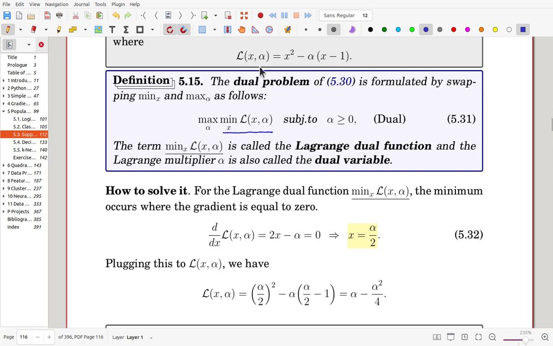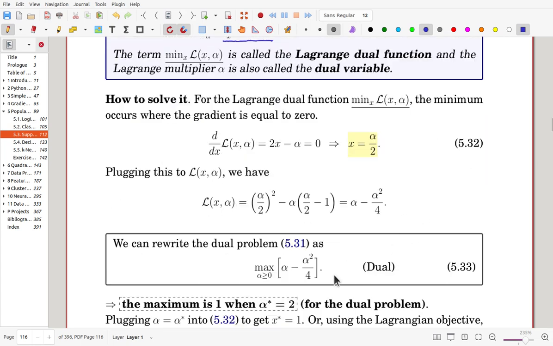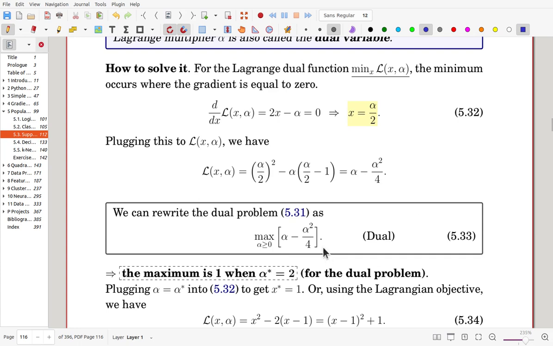And here x is replaced by alpha over 2. Then we reach this term, which is a function of alpha. So the Lagrangian is now expressed as a function of alpha, and there's no x variable involved. And now we can maximize this function.